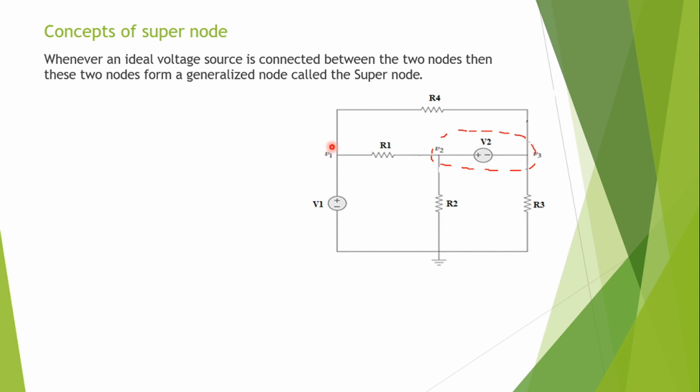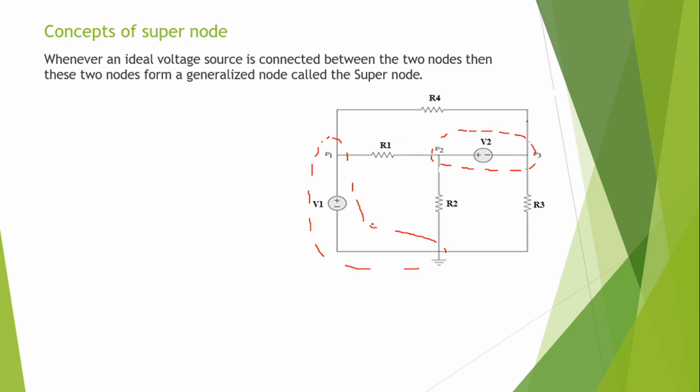One equation I can obtain from, one more thing. Here one more node is there, V1, as well as a reference. An ideal voltage source is connected. So in such a case, how to obtain the equations?